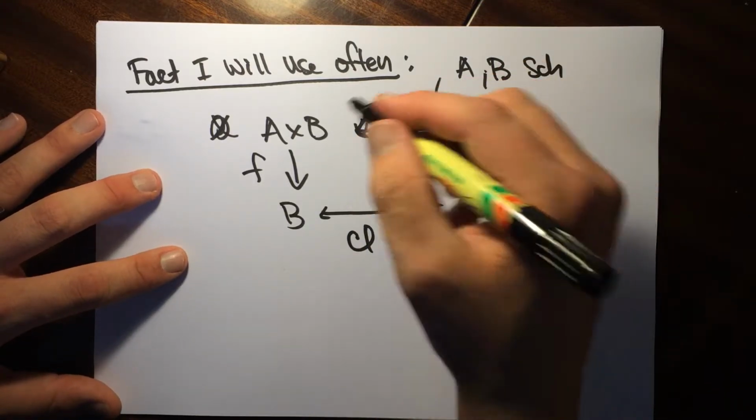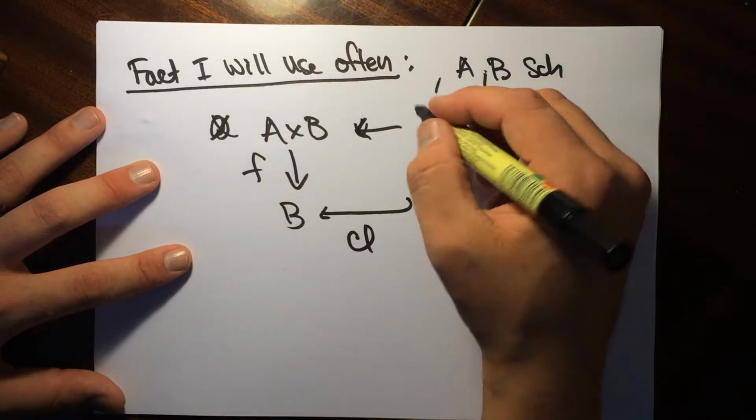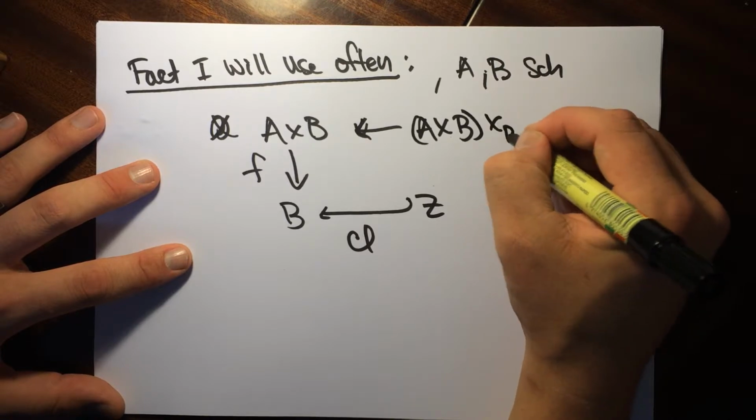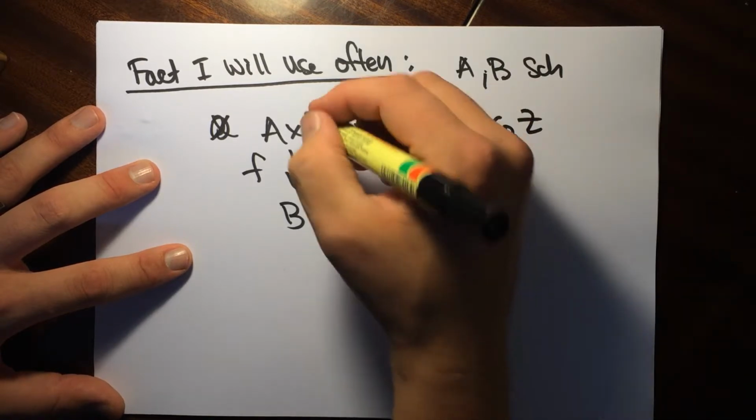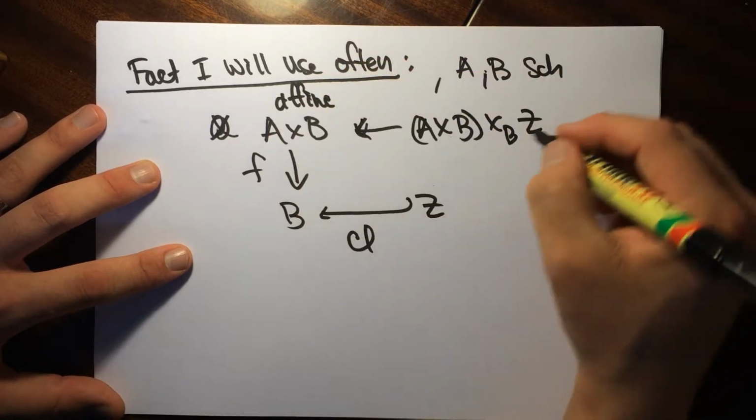What I want to say is that if this is affine, then this base change here, A cross B of Z, is affine.